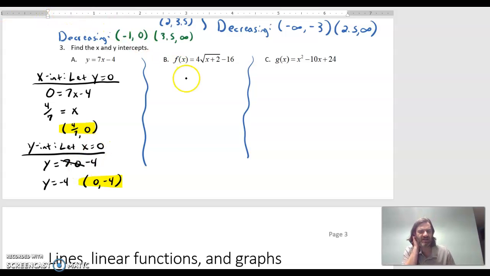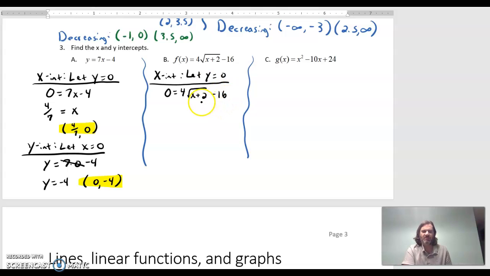B here, f of x equals 4 times the square root of x plus 2, and then minus 16. Again, if we go for the x-intercept, we let y be 0, which is the same thing as letting f of x, or the function, be 0. So we'll have 0 equals 4 times the square root of x plus 2 minus 16. We need to get that square root by itself.